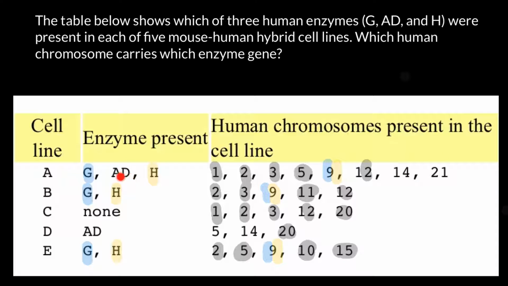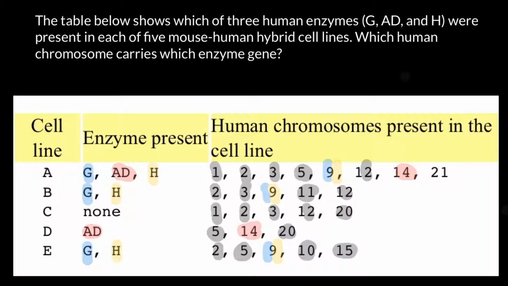We have this enzyme here, on either chromosome 14 or 21. And in cell line D, we also have this enzyme present, and we have number 5. By the way, we also can exclude this. So, as you see, we have only one chromosome left, and this is going to be chromosome number 14 that contains enzyme AD.